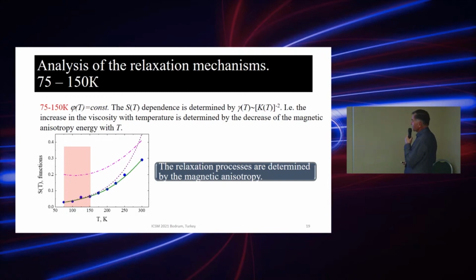Okay. So thank you. In this temperature range, 75-150 K, our phi is constant. It means that the viscosity, which depends on temperature in this range, is determined mainly by gamma, the temperature dependence of the viscosity, which is inversely proportional to K squared, the anisotropy energy squared. So the increase in the viscosity with temperature in this range is determined mainly by the decrease of the magnetic anisotropy energy with temperature.